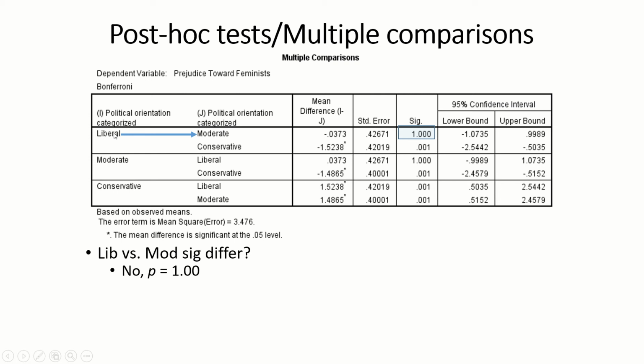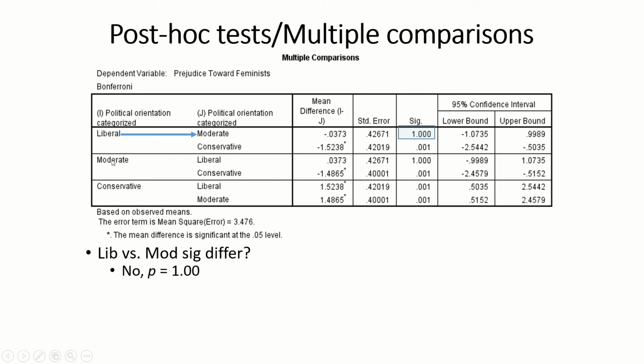And you'll notice that we could have gone from liberal to moderate here, but in the table you could have easily gone from moderate to liberal instead, and that would still give us the same p-value. But if we look in the mean difference column, if we go liberal to moderate, meaning the mean for liberals minus the mean for moderates, we would get a difference of negative 0.04.